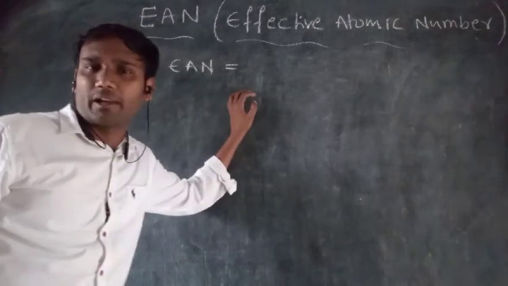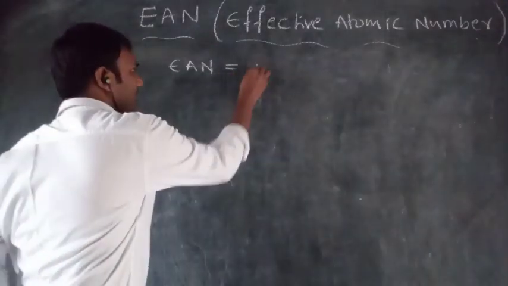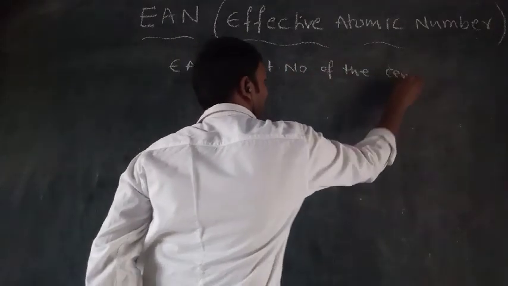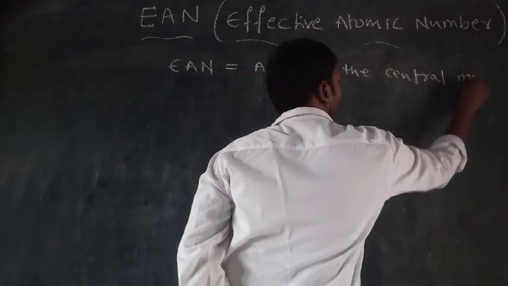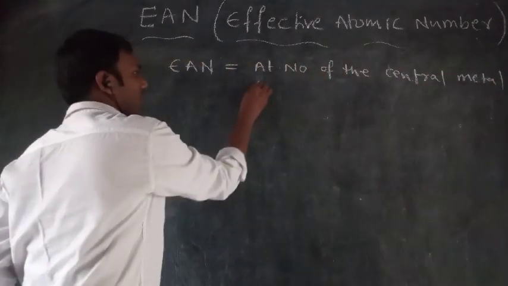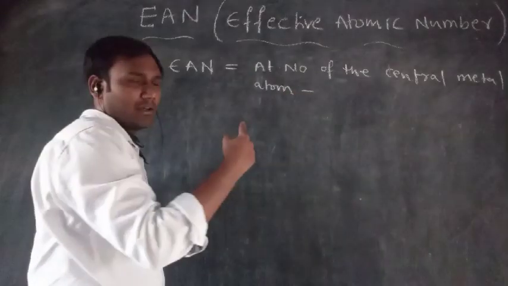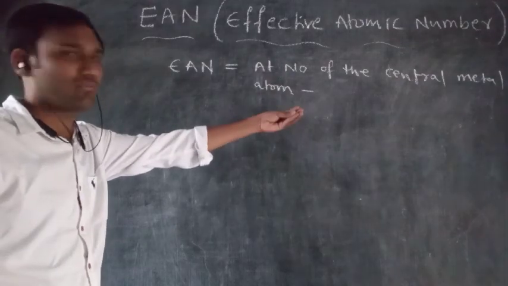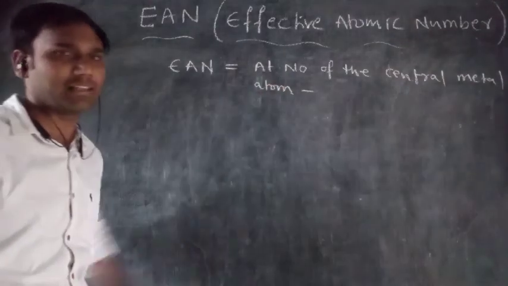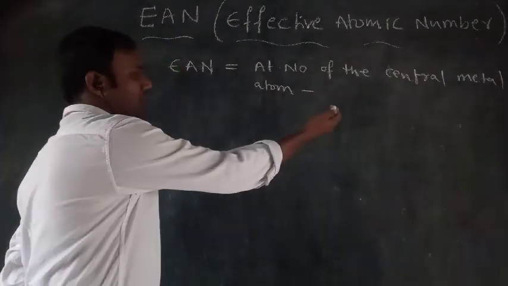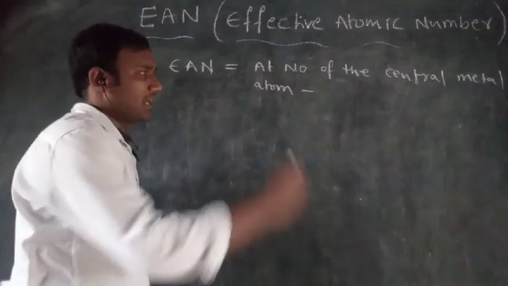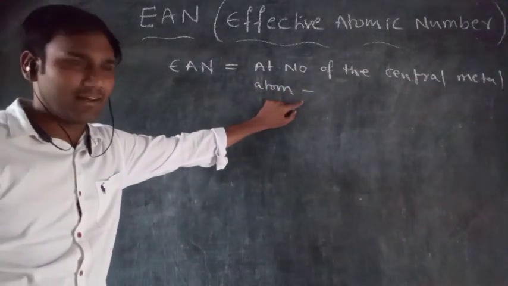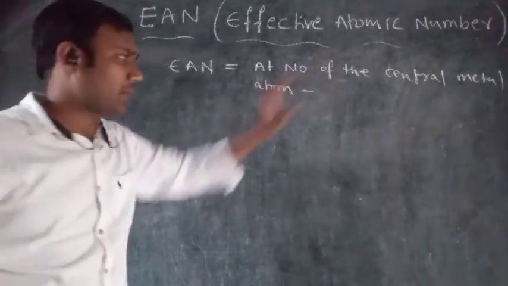So effective atomic number is equal to the atomic number of the central metal atom, minus the number of electrons lost by the central metal atom. Because the central metal atom is sometimes available in atomic form and sometimes in ionic form, depending on the ligand. If it is available in ionic form, it is always a cationic form, which means it loses some fixed number of electrons.